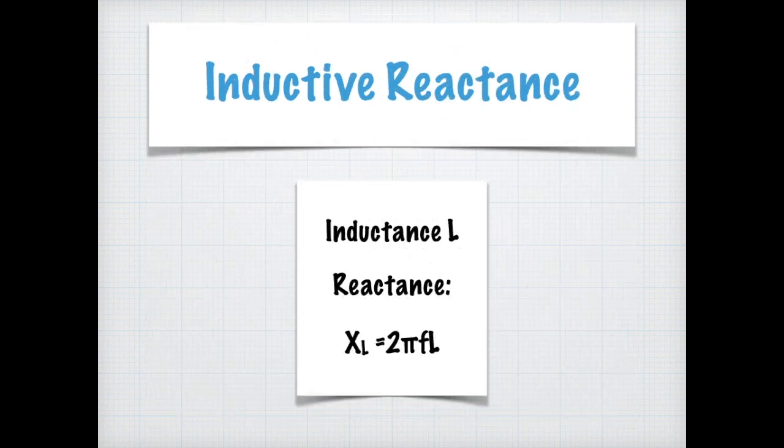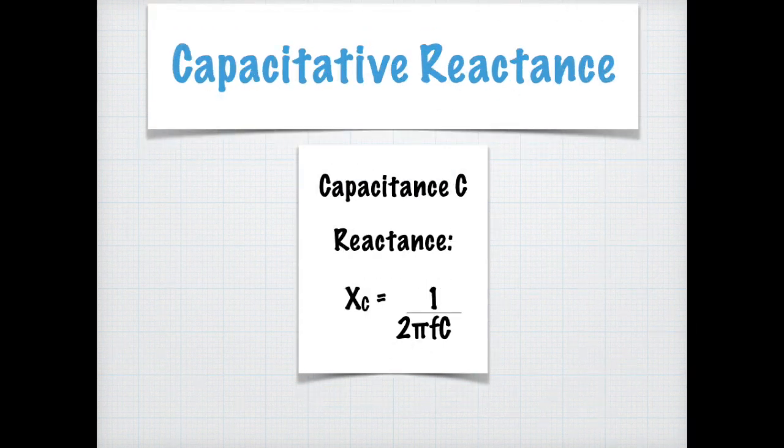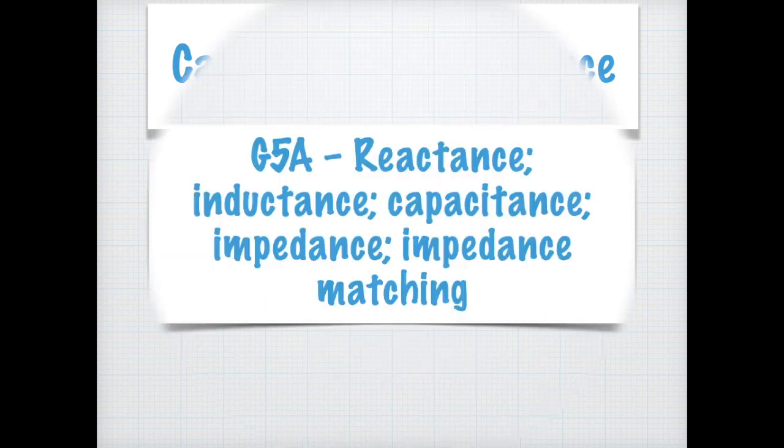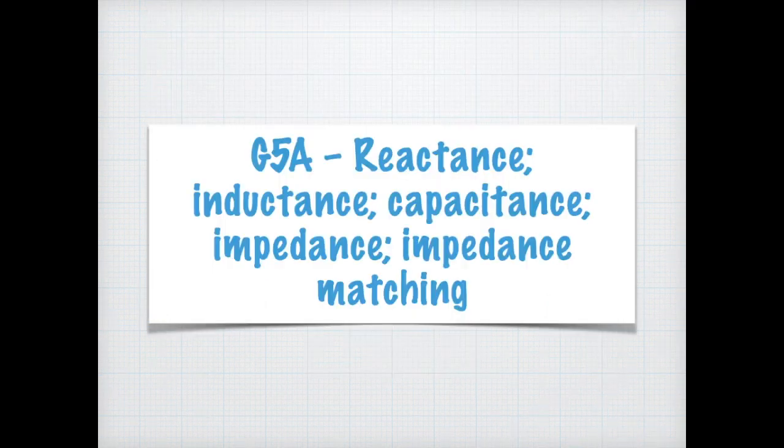So, inductive reactance. Inductance is noted by the letter L, and the reactance formula is X sub L equals 2 pi F L. And with capacitive reactance, capacitance we know as C, and the reactance formula is X sub C equals 1 over 2 pi F C. And before you freak out, you don't need to know the reactance formulas for the general exam.